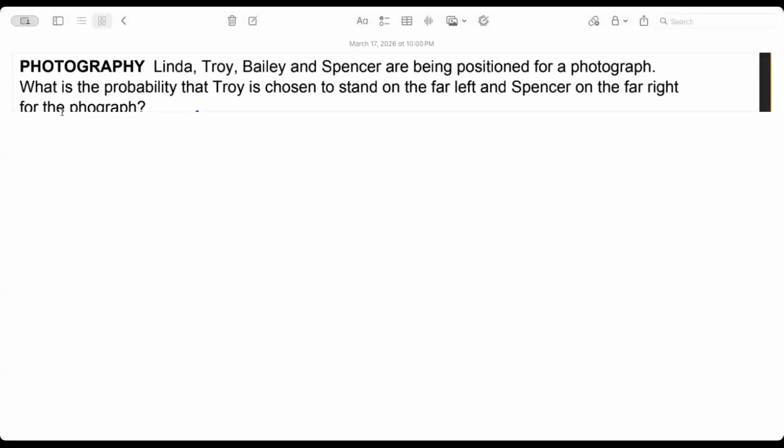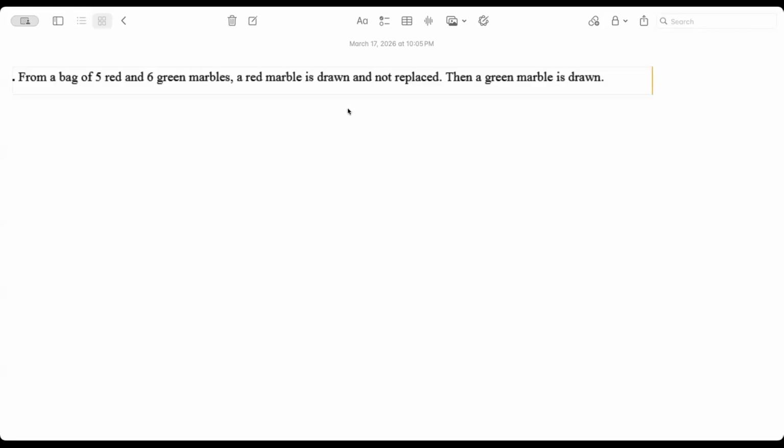Now, the last 2 topics that I needed to touch upon is, okay, independent and dependent probability, we have already done. Let me see. I really want you to try this, though I don't know whether you will be able to solve it.